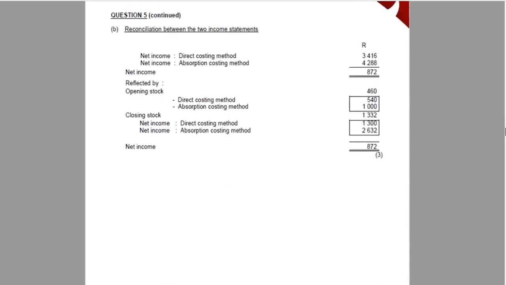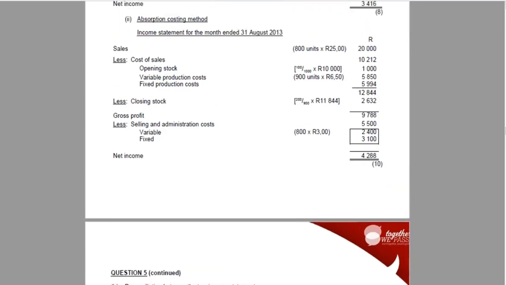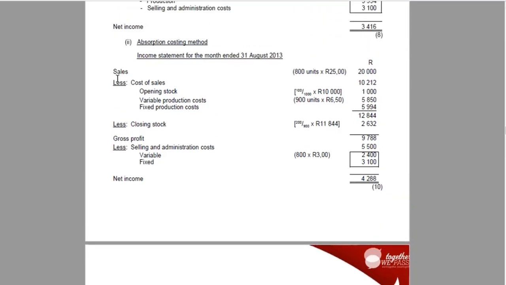If you can even move to absorption costing to see how it looks in terms of structure, you put it down. Income statement, you have your sales. Now you have your cost of sales that is made up of opening stock, variable production, and fixed, less your closing stock. Then you have a gross profit.